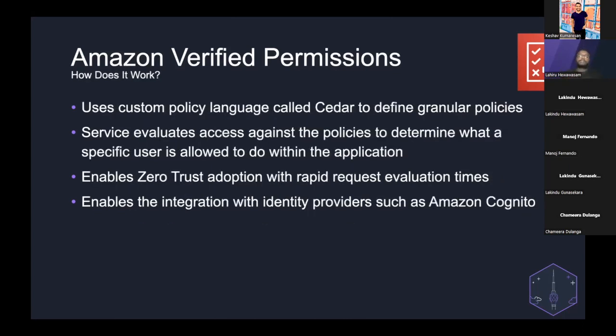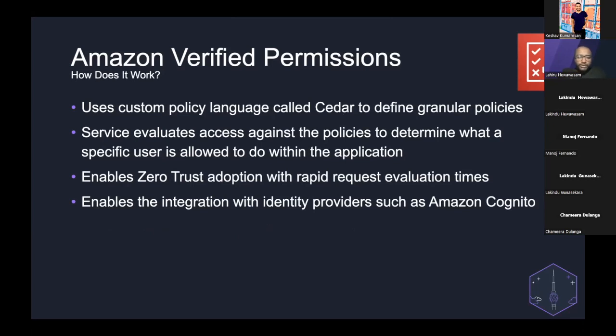Now, how does this work? Amazon Verified Permissions uses a custom policy language called Cedar to define the granular policies. The service then evaluates against these policies to determine what access must be granted.